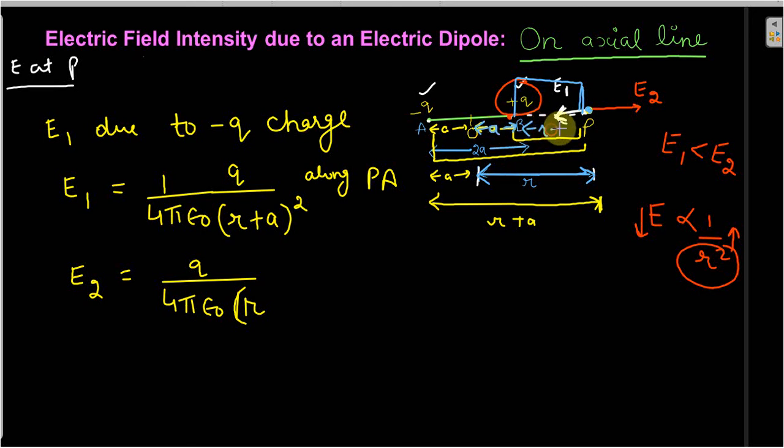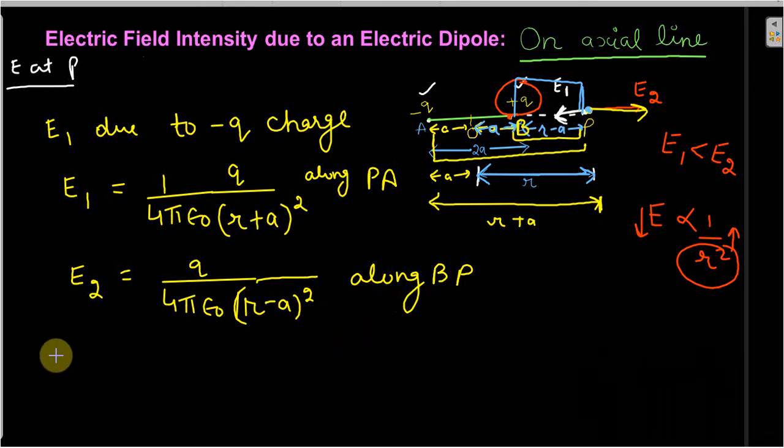So you can write R minus A whole square. And what is the direction of E2? The direction of electric field is outward, and that is along B to P. This is your B to P.